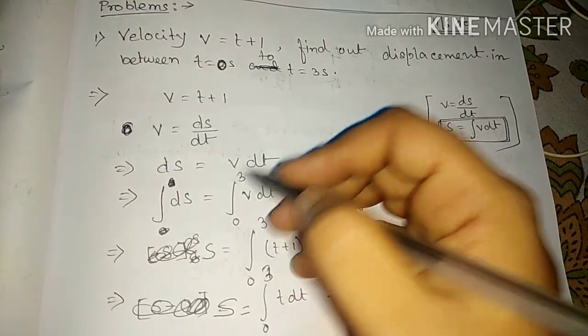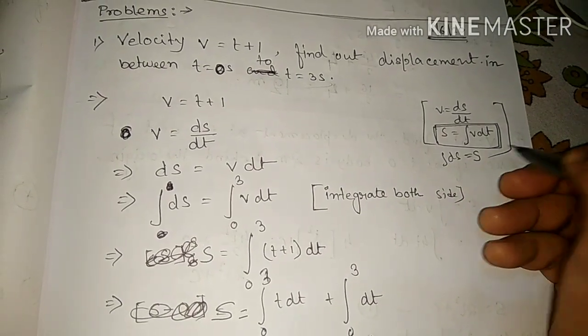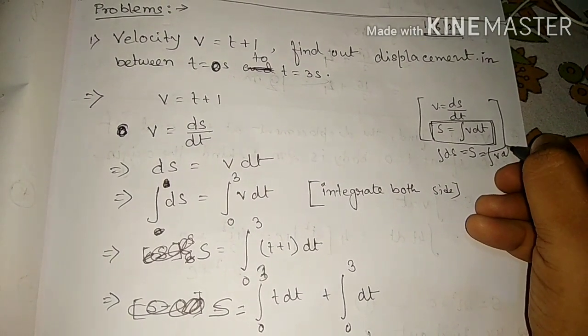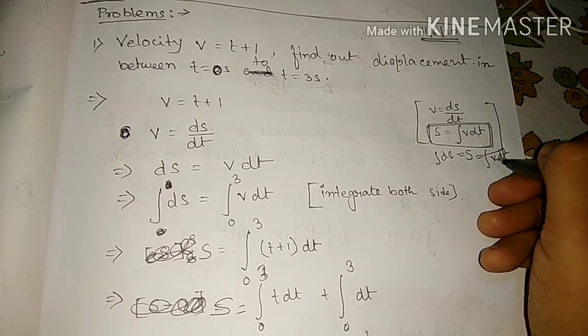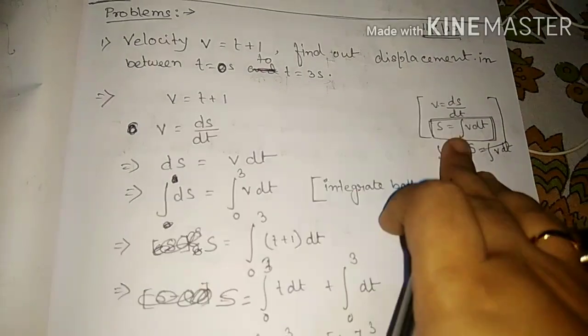Now if we integrate both sides, the integration of ds gives us the displacement, which equals the integration of v dt. After putting the value of v here, we solve this integration. Clear?